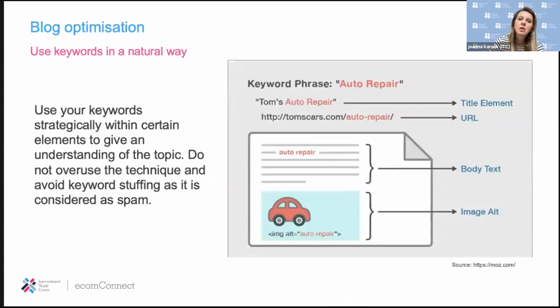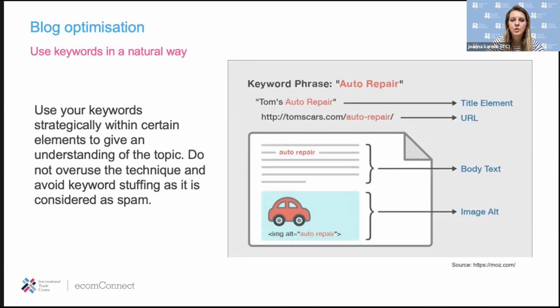Remember as well, when you write on your blog, you need to use keywords in a natural way. You don't want to stuff your keywords, like use 100 times the same word. No. This is bad. You want to use them strategically within certain elements to give an understanding of the topic.